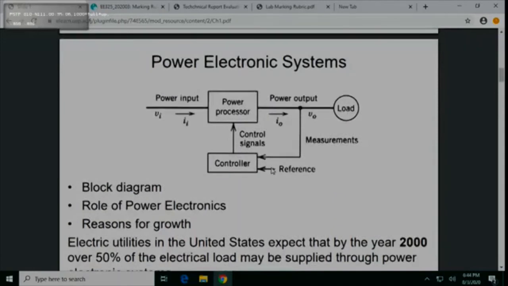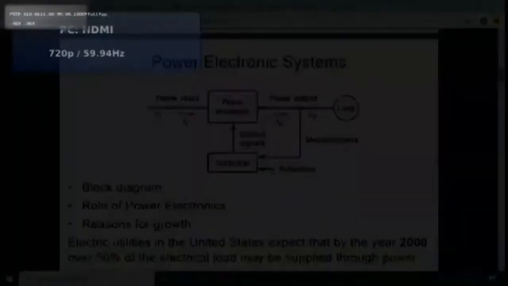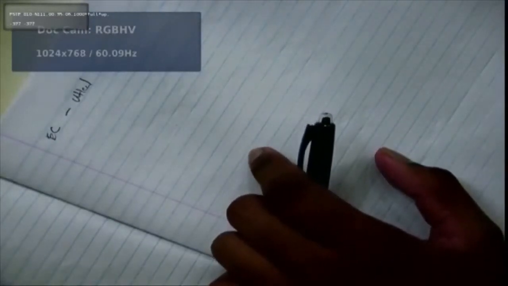Now, what does a power electronic system generally look like? So let's draw something here now.